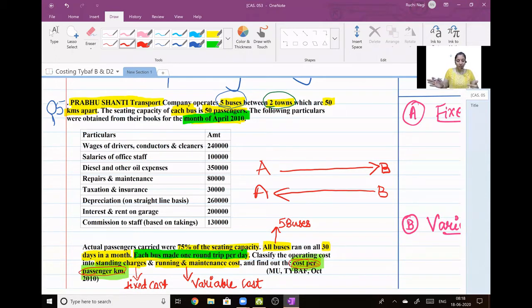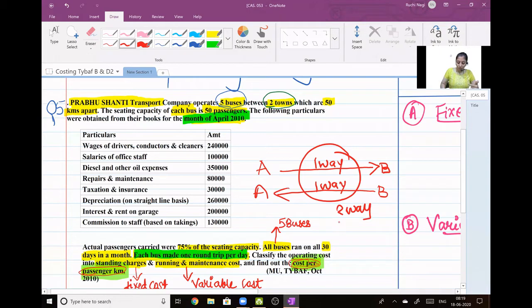I first use an arrow which is going towards the right, then I'm using an arrow which is going towards the left. Okay, so this is one way and this return journey is also one way. This is the going journey and this is the return journey. So 1 plus 1 is 2 ways. Okay, so one round trip is equal to 2 ways.